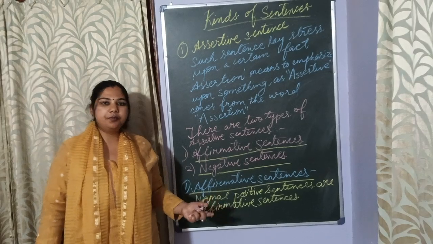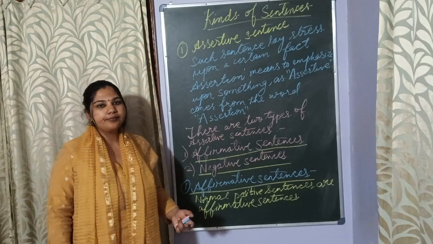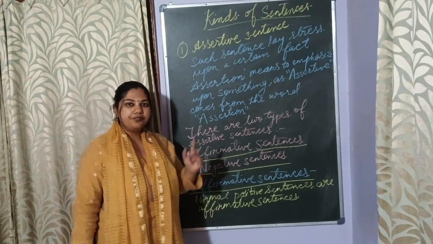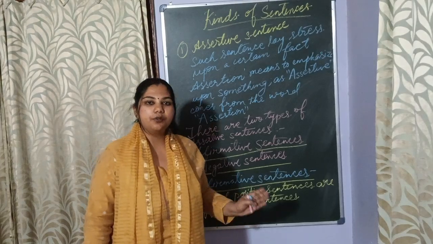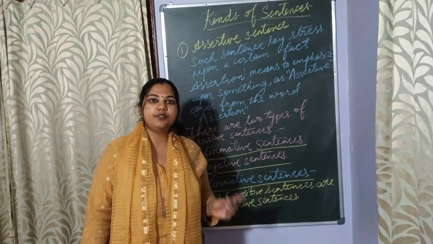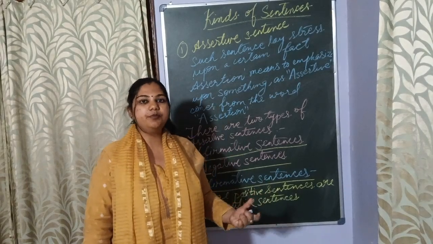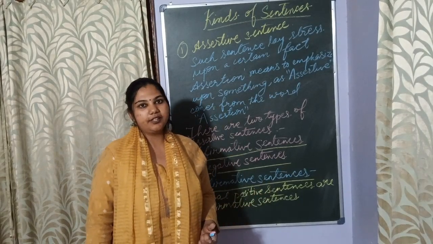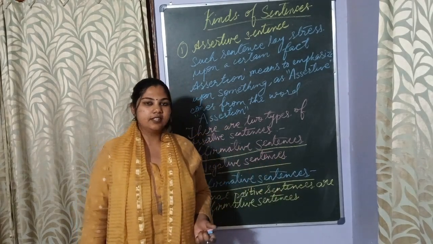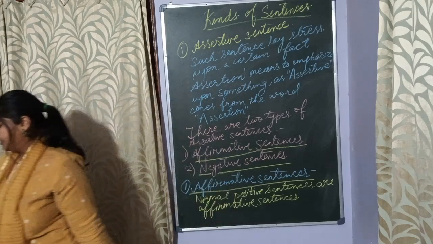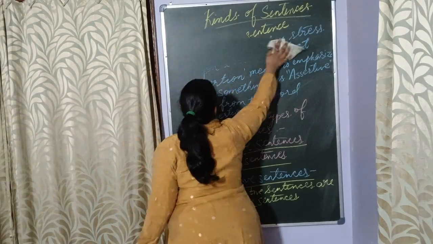And the second one would be the most common one, the earth revolves around the sun. Now you have to frame 5 affirmative sentences on your own. Write those sentences in your copy, and you can also share those examples with me in the comment section. Okay, so pause the video and write 5 affirmative sentences. I'll write the 2 examples that I just said.